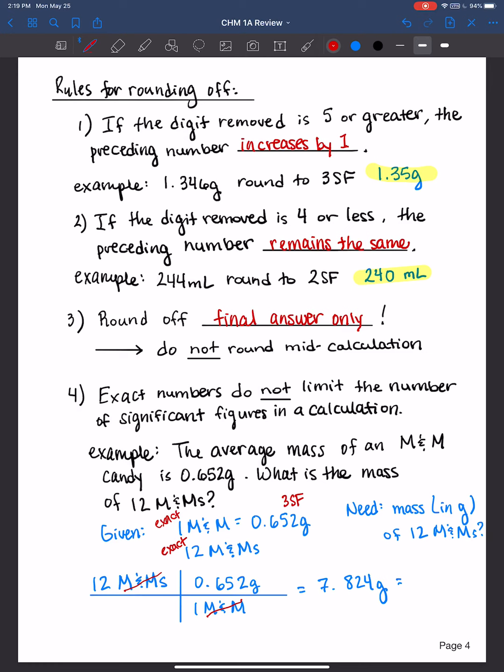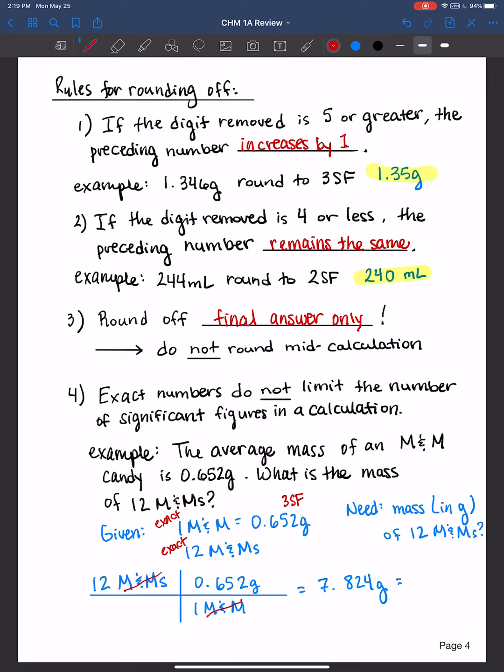Now, some balances can give to 4 decimal places and therefore would be more precise. Some give only to 2 decimal places and therefore would be less precise than the measurement provided here, right? And so that's the reason why it's really important that we report to the appropriate number of significant figures, as I've mentioned before, is that we all have different measuring tools, and we need to tell the scientific community and our peers specifically what type of tool we used and how confident we are in our results and certainty.